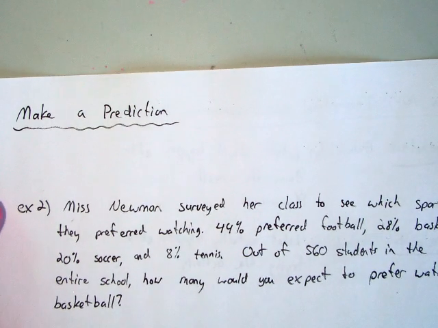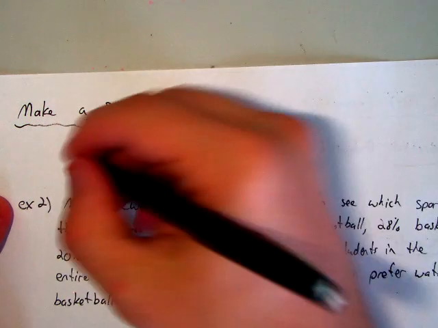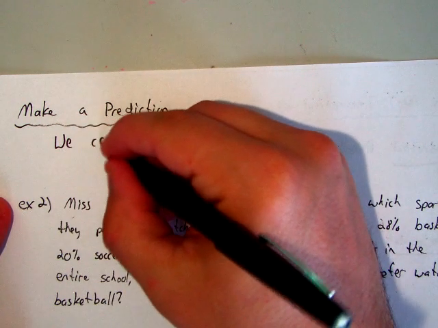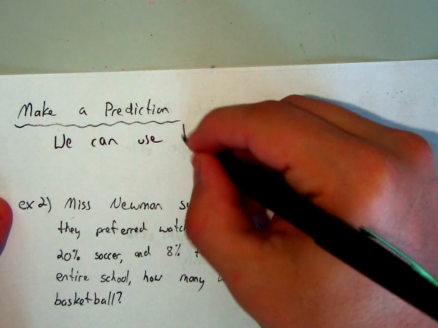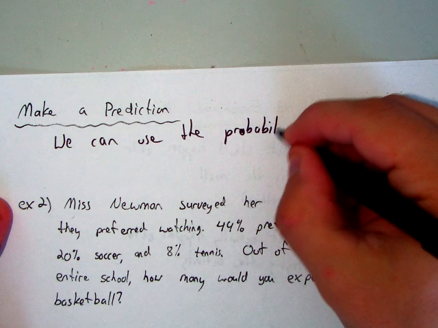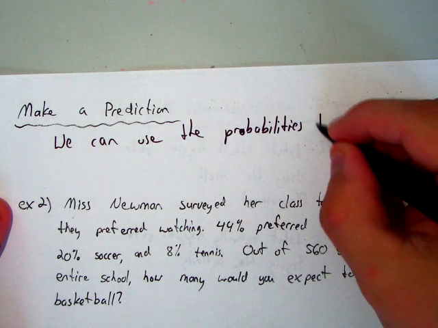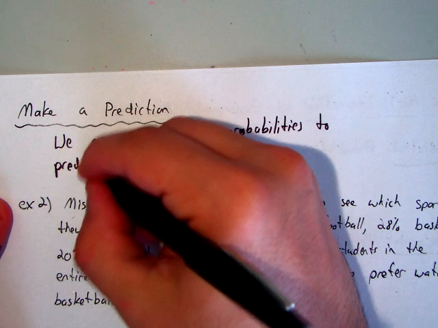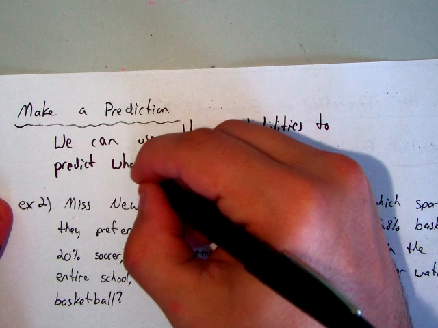So let's look at the backside here now, making a prediction. When we make a prediction, we can use the probabilities to predict what should happen.